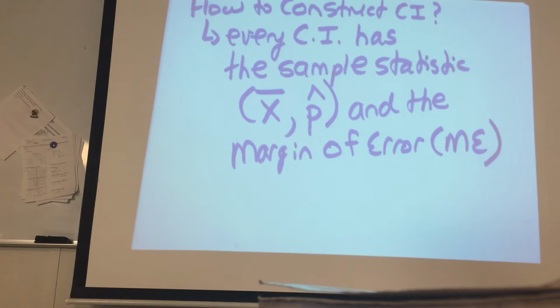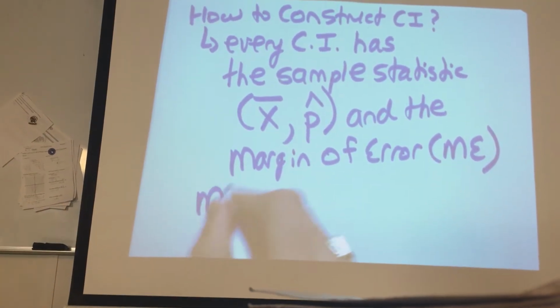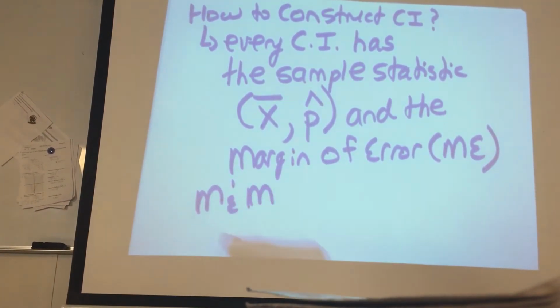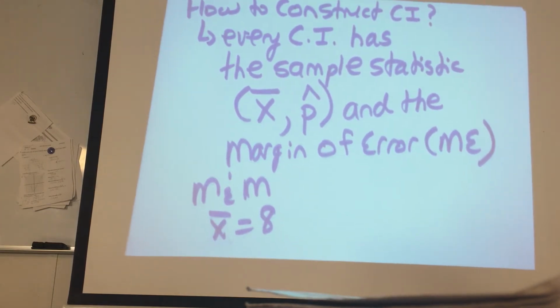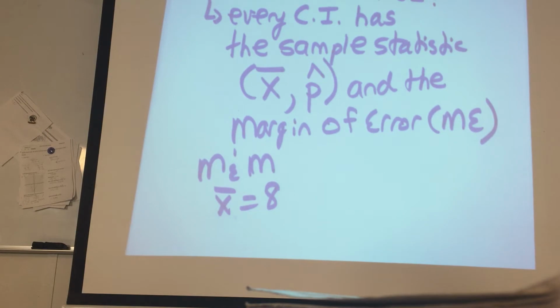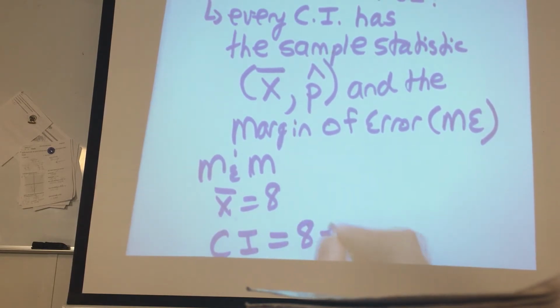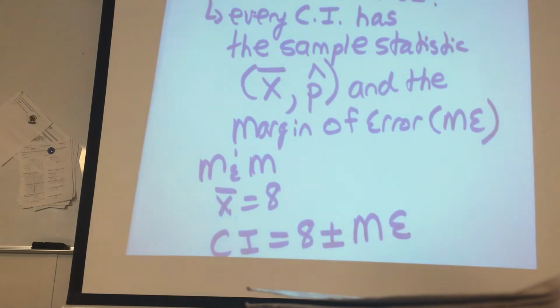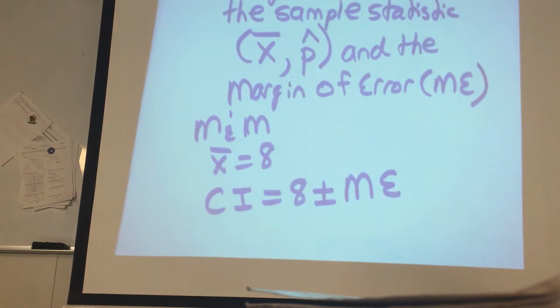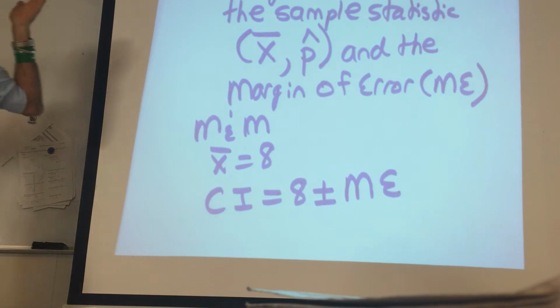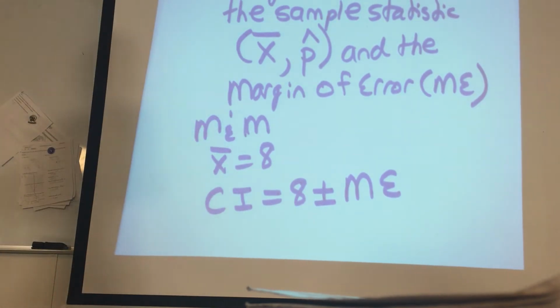So what do we mean by this? Well, if we go back to the M&M example, our x bar was 8. So the confidence interval is 8 plus or minus the margin of error. So we're saying, we think that the average number of M&Ms is probably about 8.